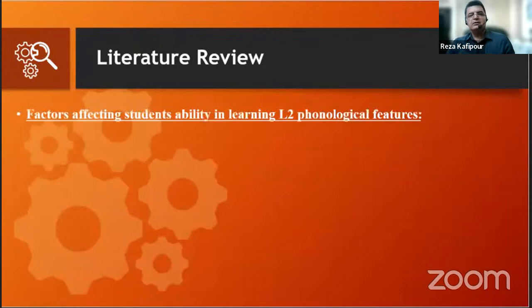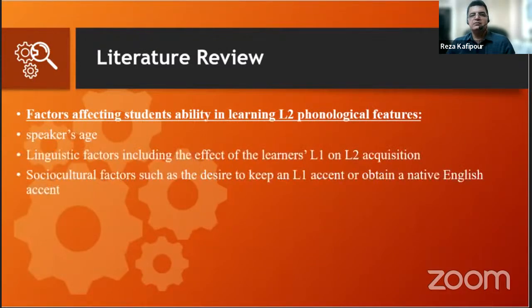But let's see, what are the factors affecting students' ability in learning second language phonological features? One of them, as we said, is the speaker's age. The other one is linguistic factors, including the effect of the learner's first language on second language acquisition. The third one is sociocultural factors, such as the desire to keep an L1, first language, accent, or obtain a native English accent.